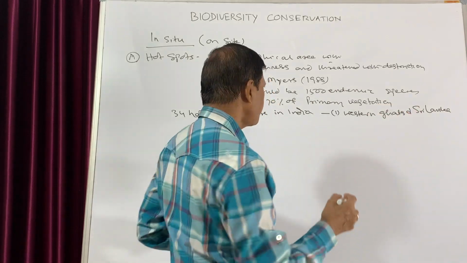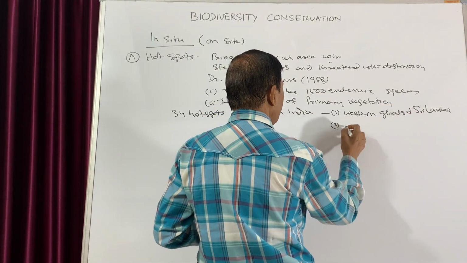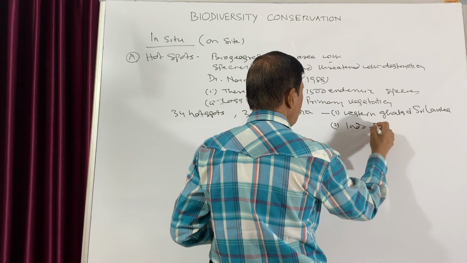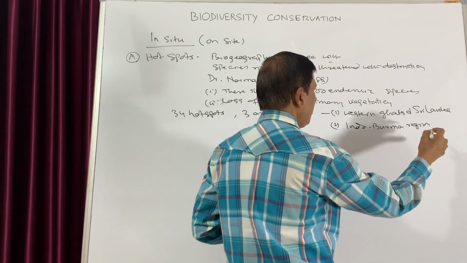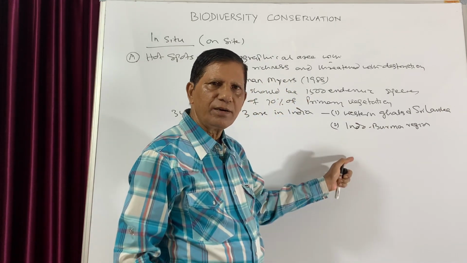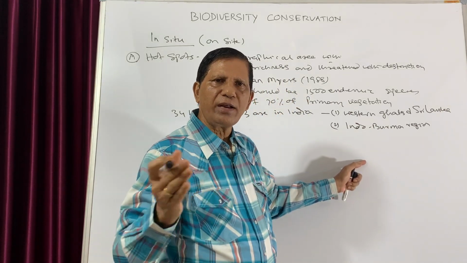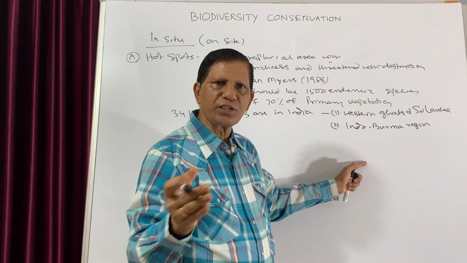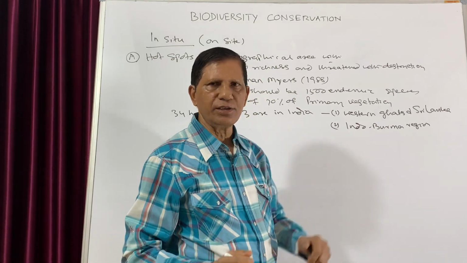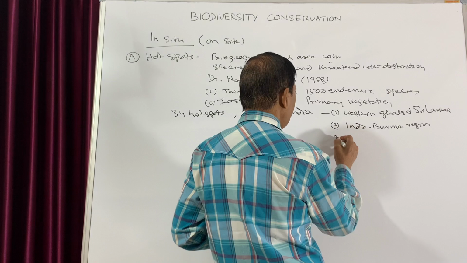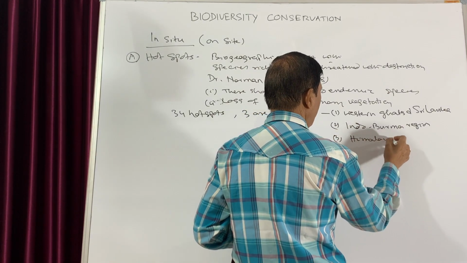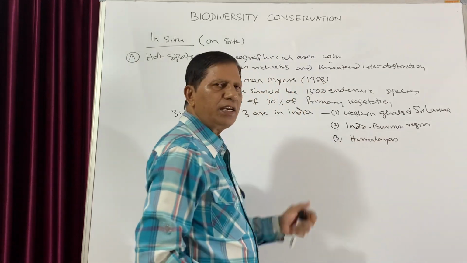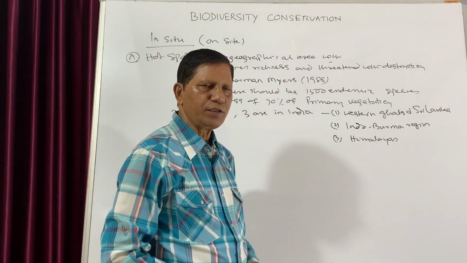The second one is the Indo-Burma region. Indo-Burma region extends from Bhutan up to Myanmar, and all the northeastern states are covered under this. And the third one is the Himalayas. So these are the 3 hotspots. This is very important from the examination point of view.